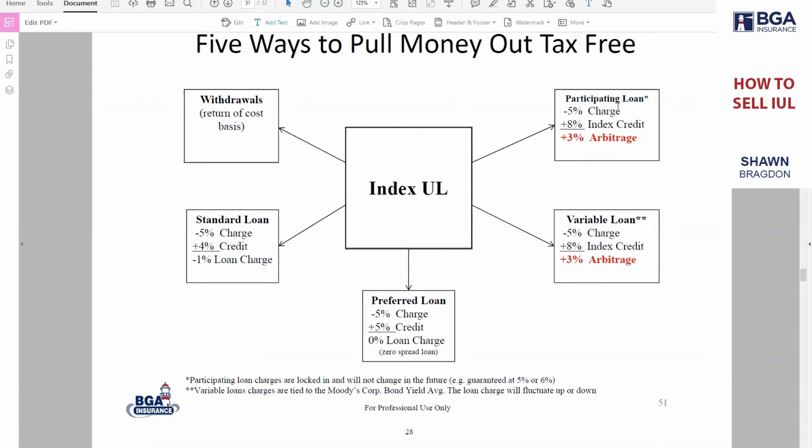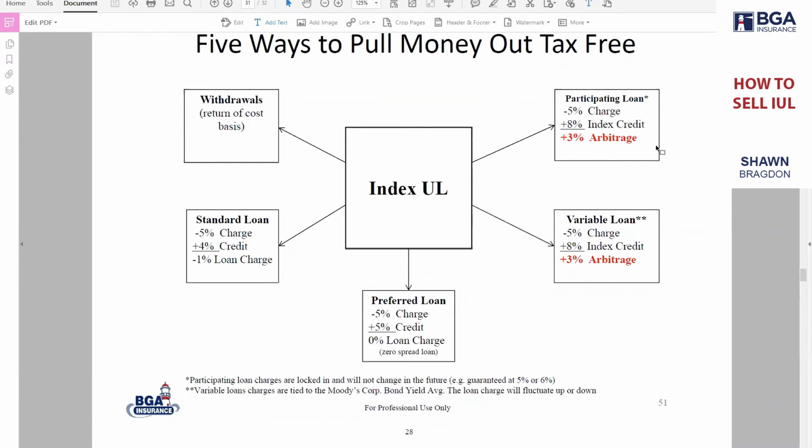BMW is willing to give him a loan, but it's going to charge him 6% a year. He thinks, hey, I think I can do better. So your client calls the insurance company, tells them he wants a $70,000 participating loan. The insurance company is going to charge him 5%, but the credit on that loan is whatever he achieved in his index strategy that year. So if he makes 8% on his index strategy, he's making a positive 3% on his BMW.